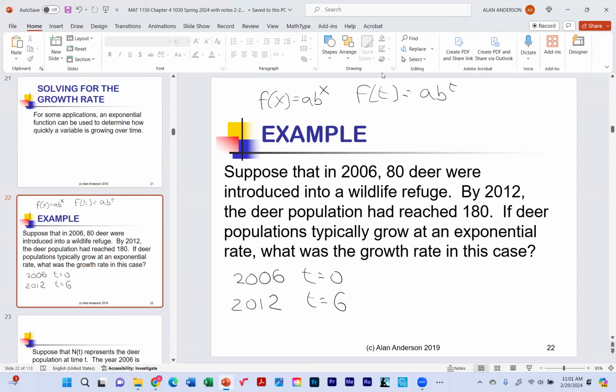And because we're trying to model the number of deer in our population, we're going to call this N of t to remind ourselves that we're interested in N, the number of deer. Okay, so what do we know? Now this is a right here. This would be N of 0 is 80, which is a.